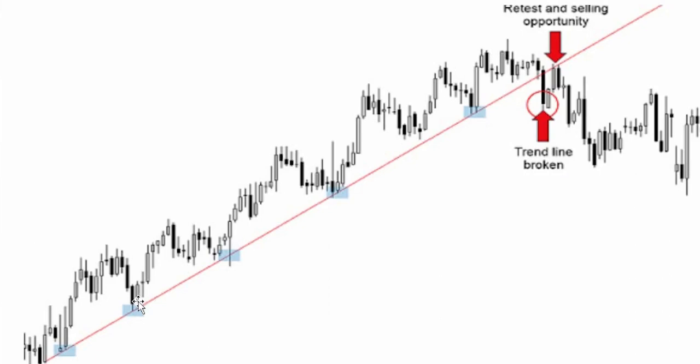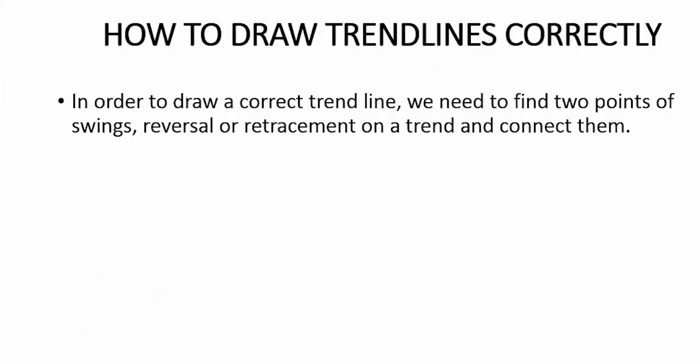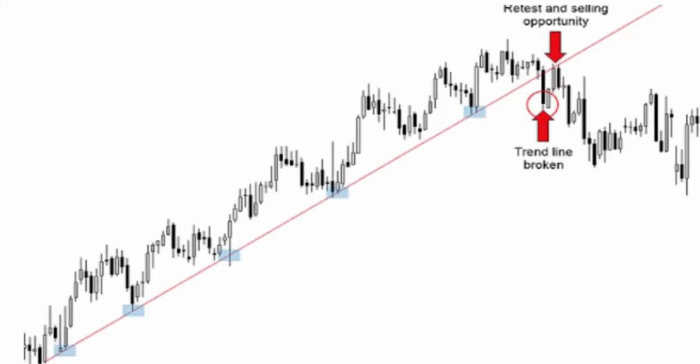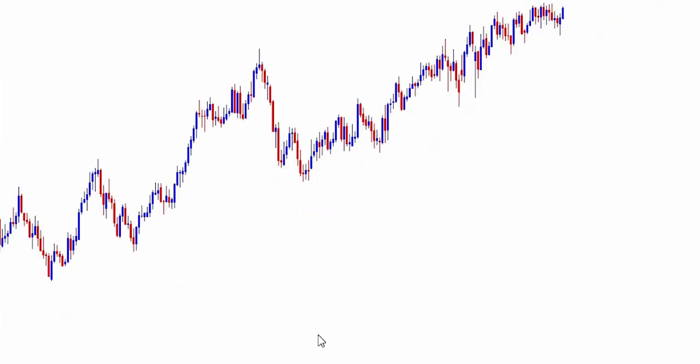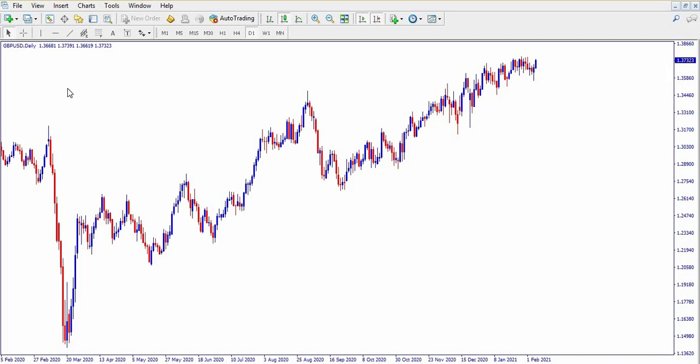Connect these two points, and you will find that the market will tend to respect the trend. So let's head quickly to the chart and do a little bit of a practical explanation.